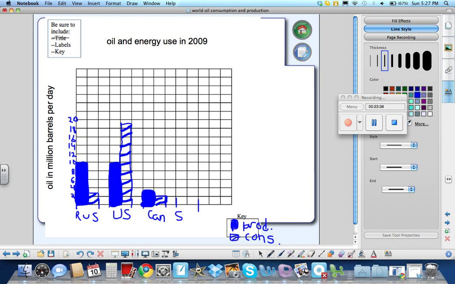Alright, the next one is Saudi Arabia. I'm going to just write S for Saudi and A for Arabia. We'll put dots because they're two words. Okay? If you notice, the production is 9.7. It's again on your chart. So it's about here or so.